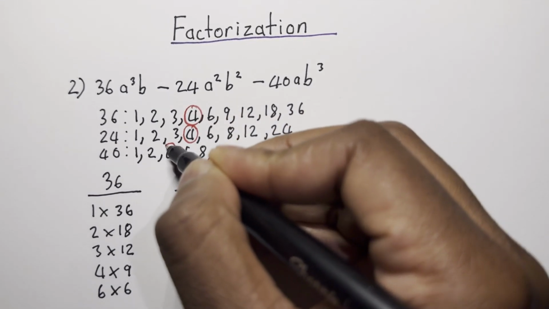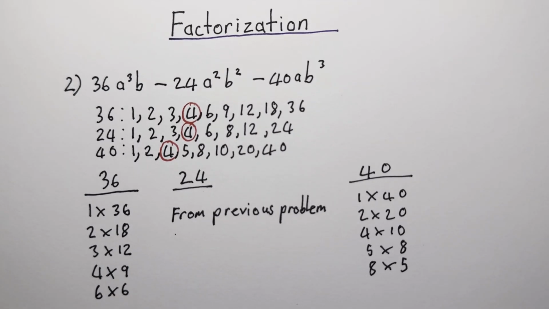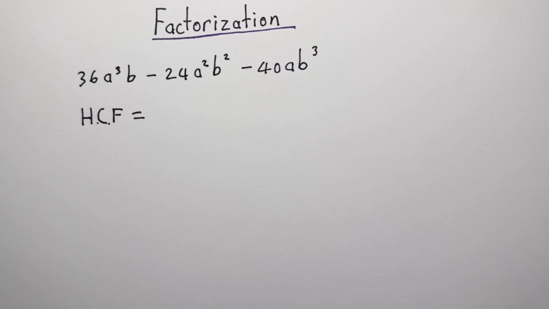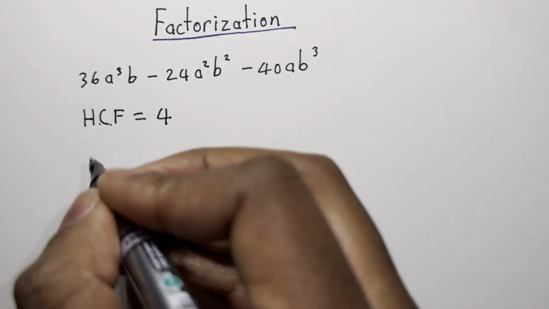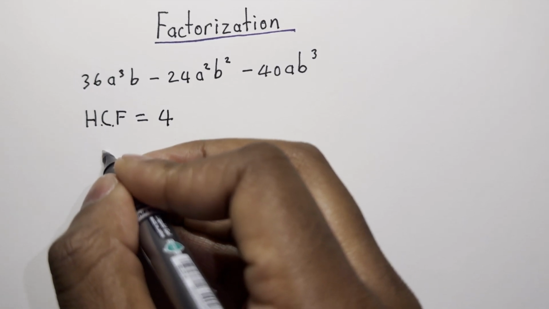So our HCF is 4. The HCF for our numbers is 4. Now the next step.